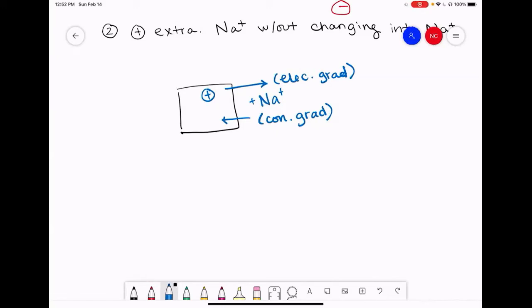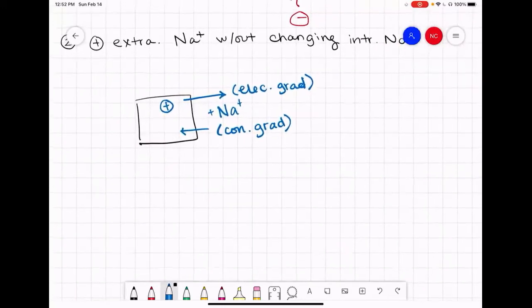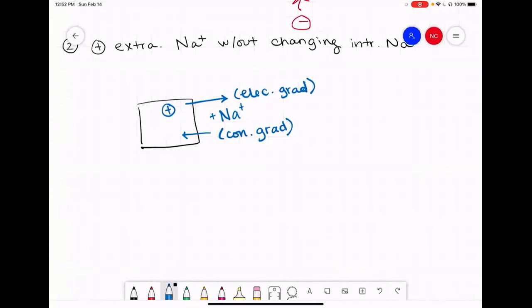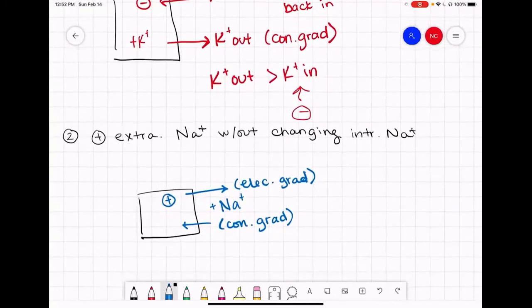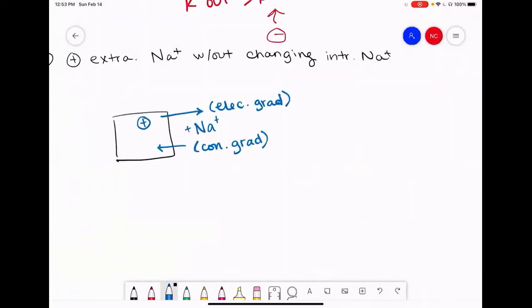So what technically happens to our equilibrium potential is that in order to maintain equilibrium, we have to balance our in versus out. So the electrical gradient, therefore, because what we have when we start is that Na in is greater than Na out, right? That's what happens when we fluctuate extracellular content.